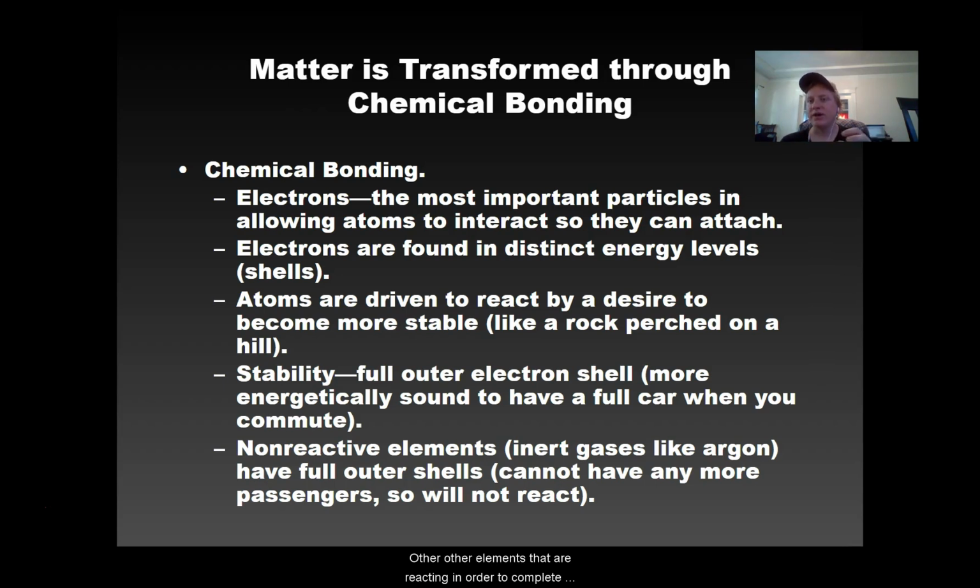Other elements that react in order to complete their valence shell usually will be fairly non-reactive after they've done that. So, again, the whole point of this is atoms want to have a filled up valence shell, and in order to do that, they are going to form bonds with other atoms.